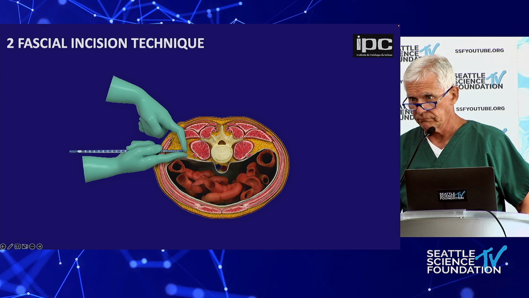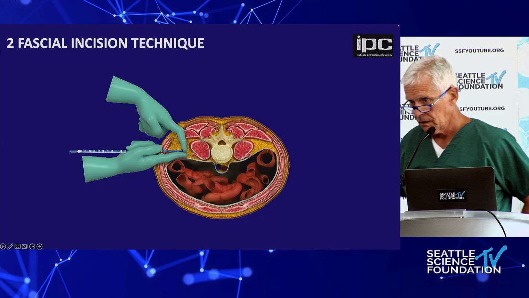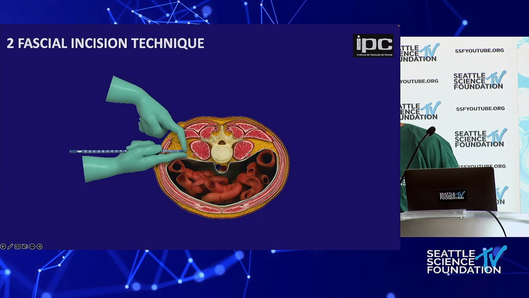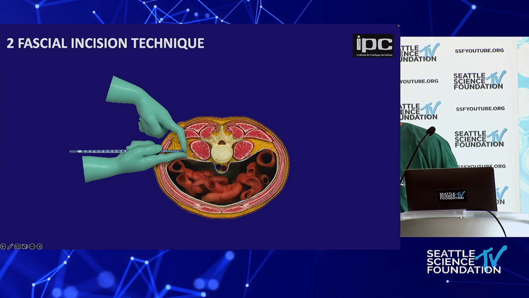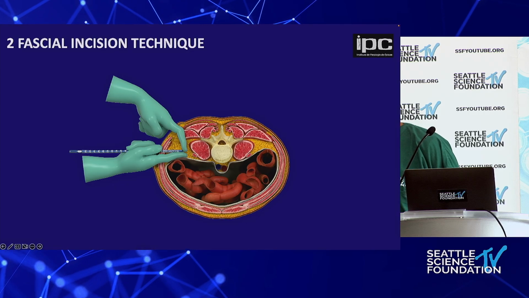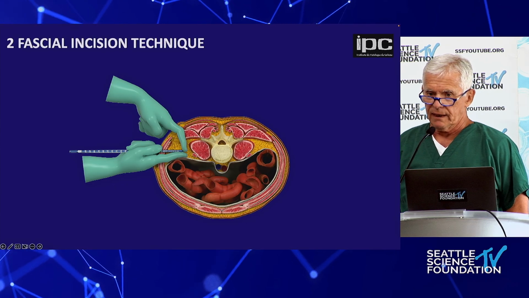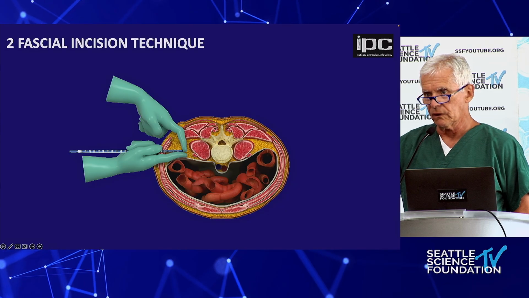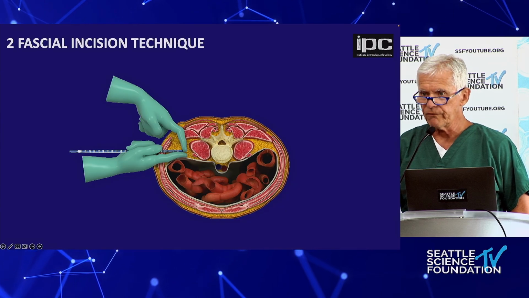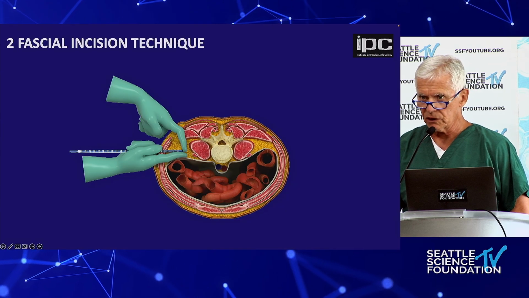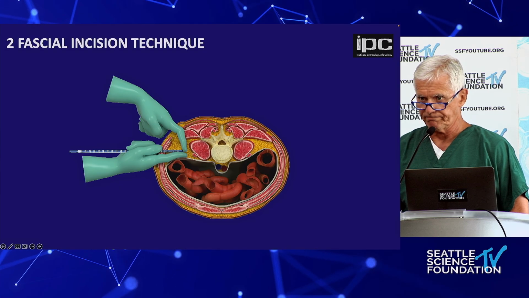Omar, I got a question for you. At the end, when you close your incision, how many layers do you close? Do you try to close every layer or just one big layer? That's a good question. The only fascia that really matters is the transverse fascia.